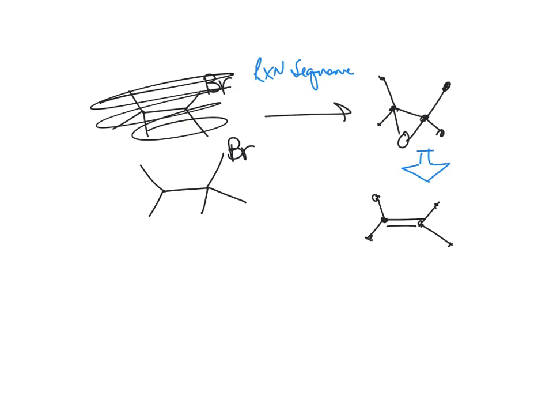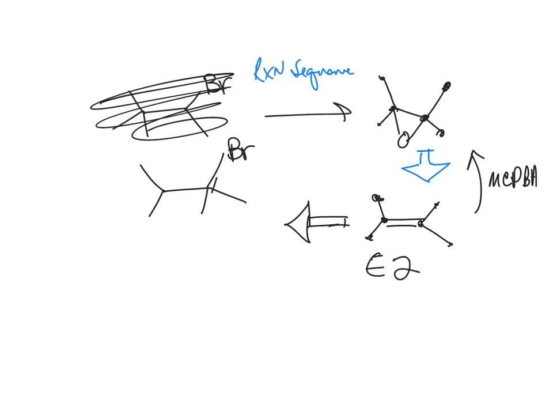And you all remember that that reagent is MCPBA, right? The metachloroperbenzoic acid. So then you have to figure out, how do I get from the alkyl halide to an alkene?